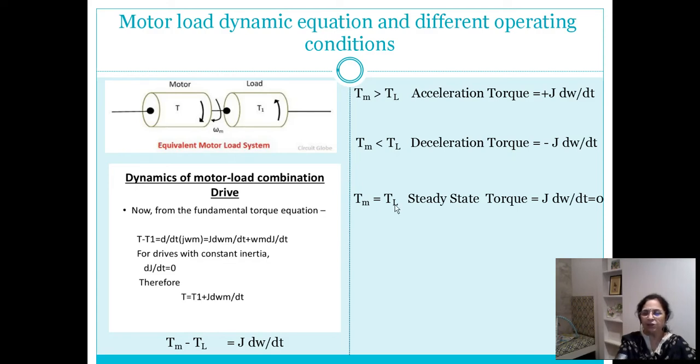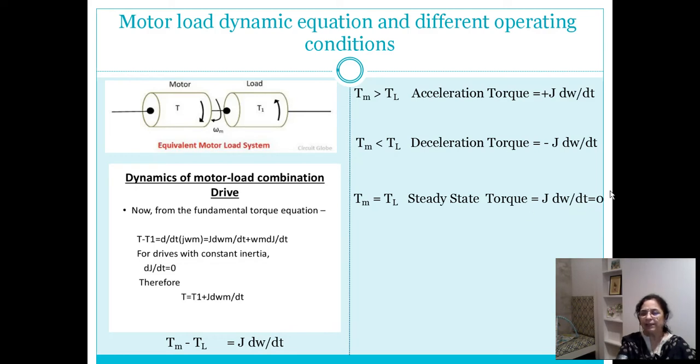So effectively speed of this combination reduces. The third condition is called steady state condition, in which Tm is matched with load torque. So motor is generating exactly the torque required by the load, and then J d omega by dt naturally becomes 0. So this is taken as steady state condition when further change of speed is not seen. In this term we can see that J is constant, whereas d omega by dt is a dynamically varying expression.